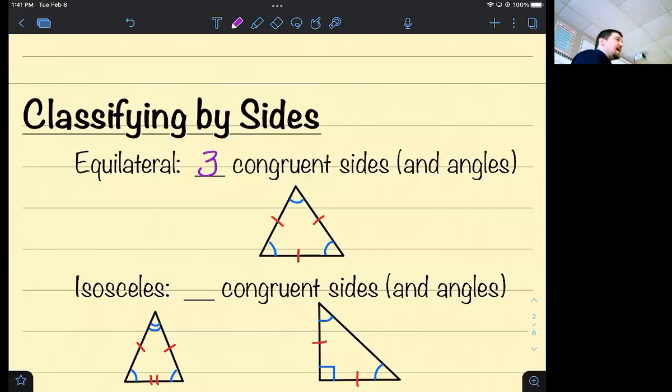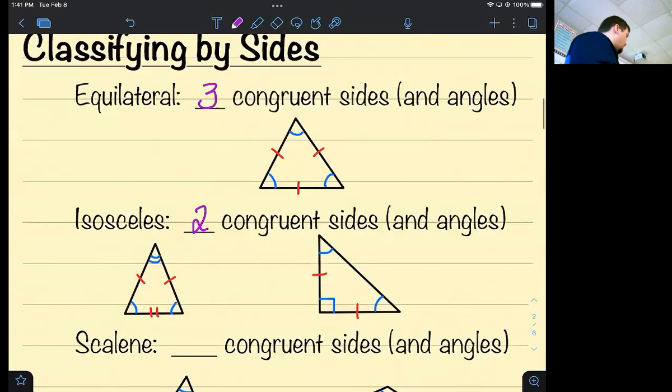So if all three sides are the same and all three angles are the same, what do each of the three angles measure in an equilateral? Ready? 60 degrees. 180 split three equal ways will give you 60 degrees for each angle of an equilateral triangle. An isosceles triangle has two congruent sides and two congruent angles. And that's what an isosceles triangle would look like.